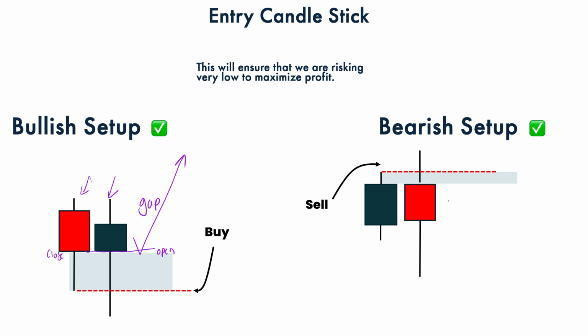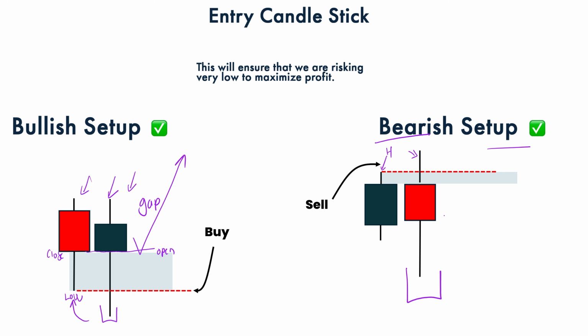The same scenario works on the bearish setup. You have to see a rejection here. What I mean by rejection is that this candlestick has to trade above this previous high. The same around this area: this rejection candlestick has to trade below this previous candlestick's low, so that we can confirm that this is a rejection.